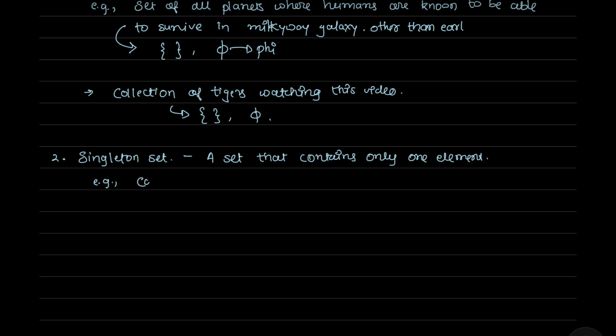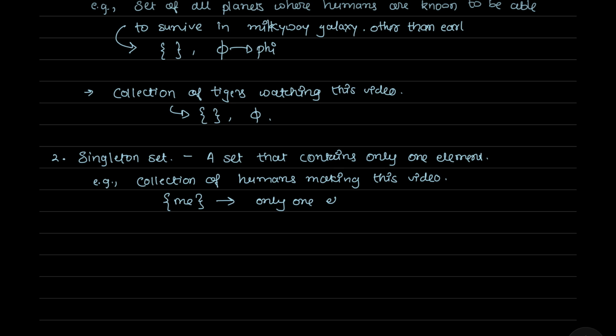This can be said as collection of humans making this video. As you guessed it, there is only one person, me, who is making this video, so this set contains only one element, hence a singleton set.